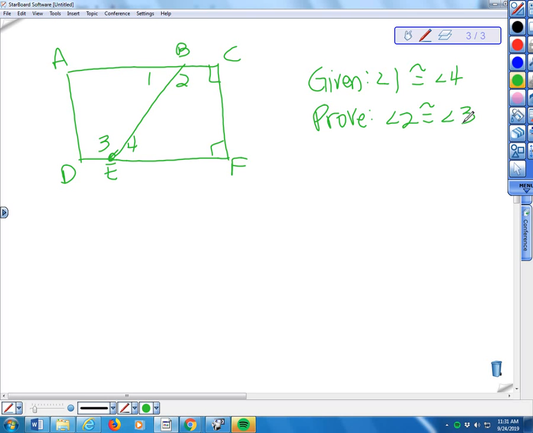Oh my gosh, okay. It's a line to be able to set it as supplementary. Can I just draw a line that way? I think I got it.